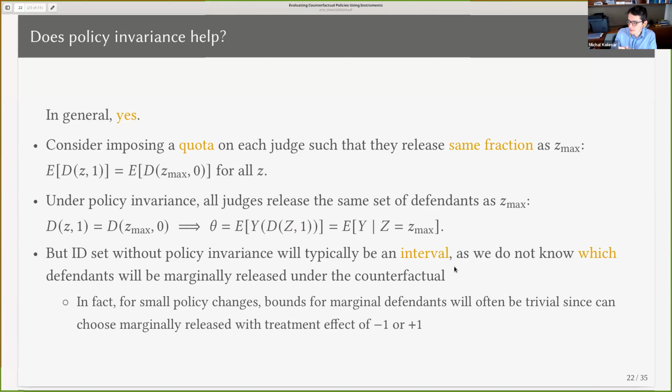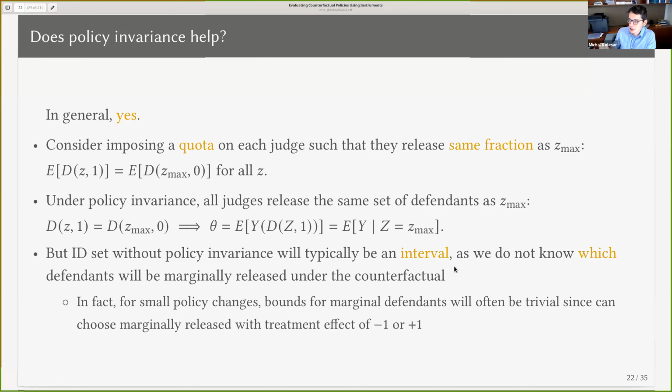In particular, I will not know whether their treatment effect is +1 or -1 for those people. Some of those people I'll see that they're not released and not committing crime, but some of them maybe I see are committing crime that are released. So there's going to be a bunch of people in the data set that I never see released, and that may have treatment effects of +1 or -1.